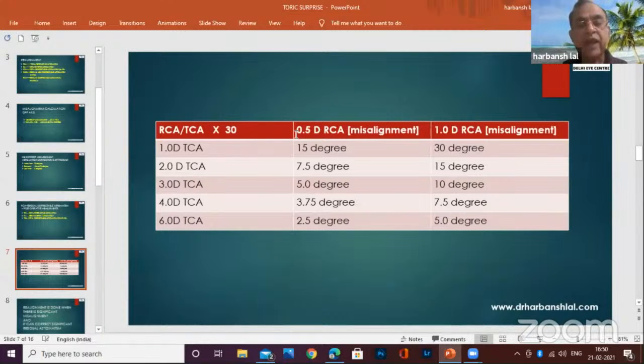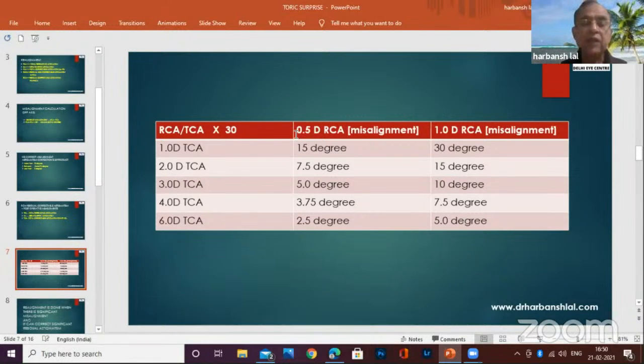And if it is a 6 diopter correctable IOL, and there is a 0.5 diopter residual astigmatism, actually the misalignment is only 2.5 degrees. And if you take 1 diopter, usually we don't correct 0.5 diopter.